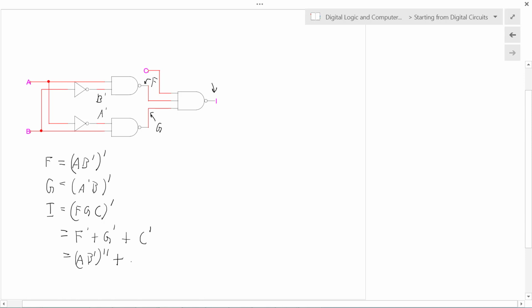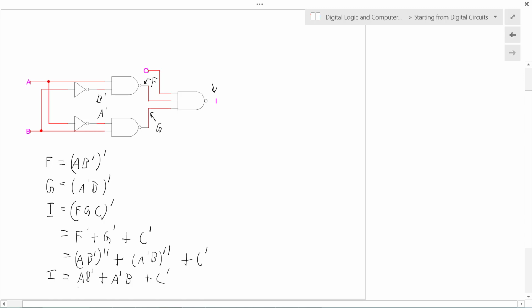Let's substitute for G, A prime B prime, double prime, ORed with C prime. We can cancel out the double inversions, so we get A B prime or A prime B or C prime here.